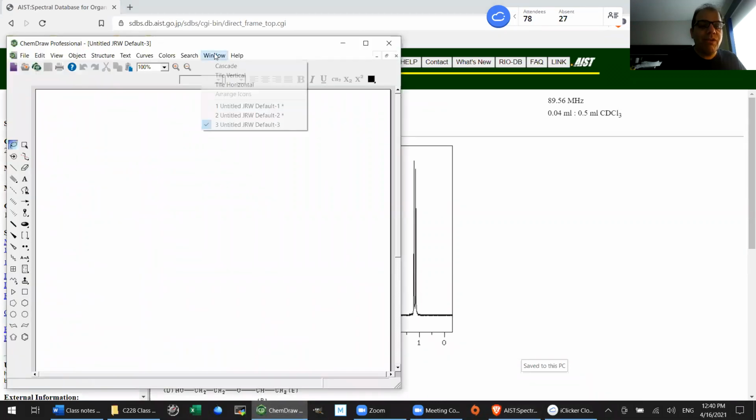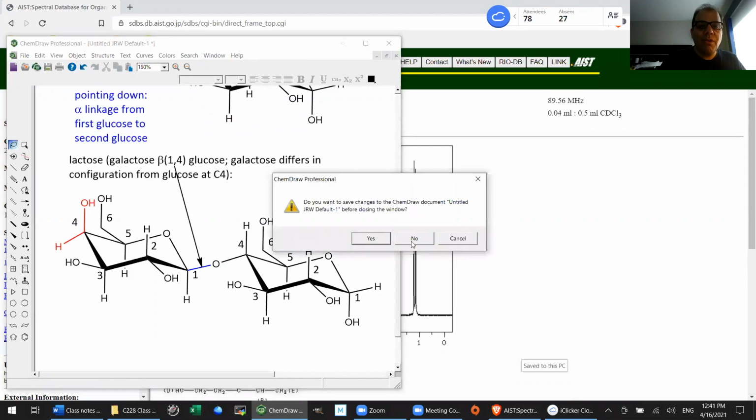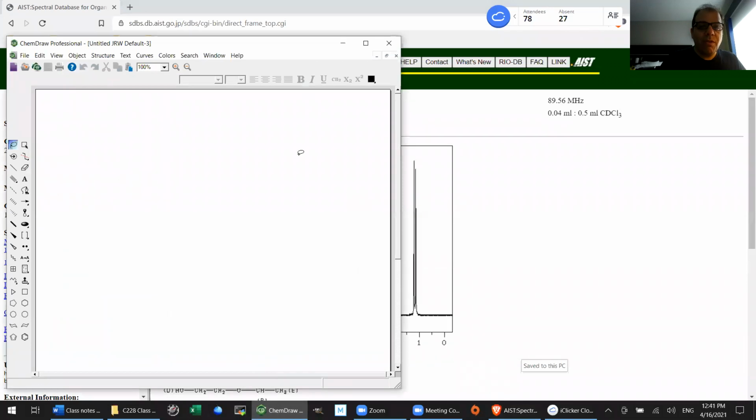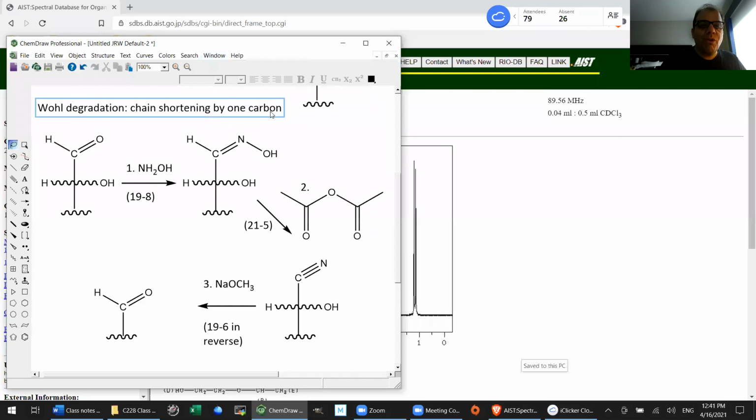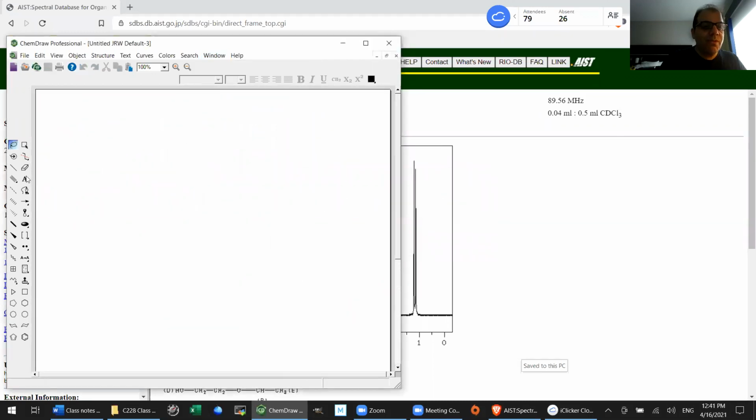Let's see what we can do. Let me first of all, just so that I don't get confused with all of the windows. 2-isopropoxyethanol.